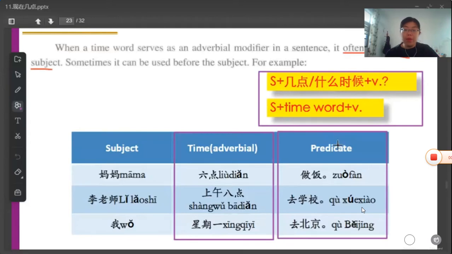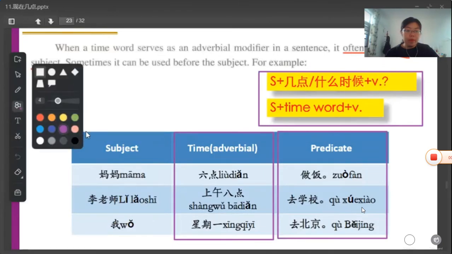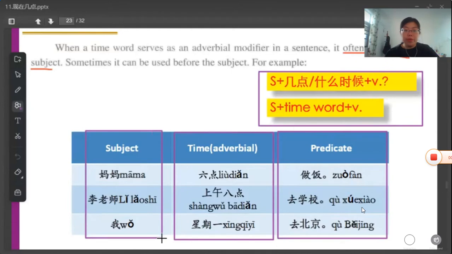So this part is the verb. And the subject, 妈妈, 李老师, 我, they all belong to the subject. So we must follow the rules: subject, time word, verb.